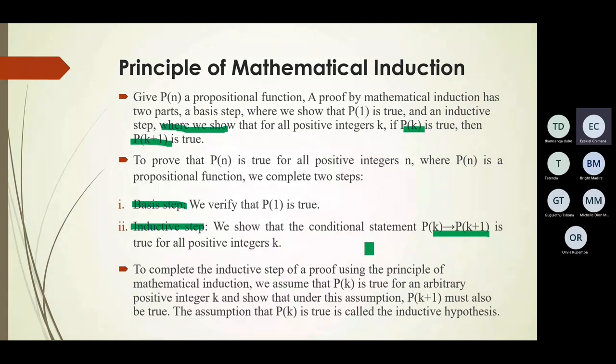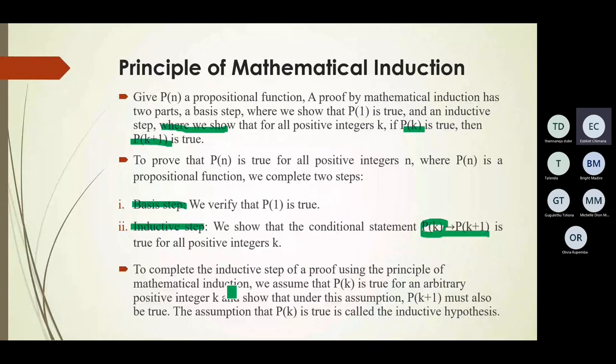What we are saying is that to complete the inductive step, you need to use the assumption step, where you assume that if it holds for 1, it must also hold for P of k. So this is an assumption. And then you need to prove that if P of k is true, P of k plus 1 is also true.